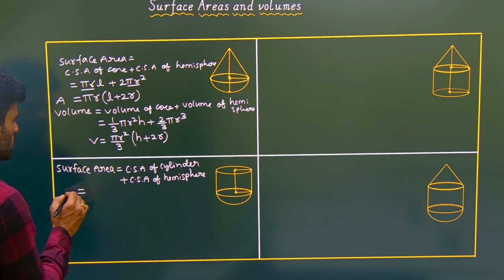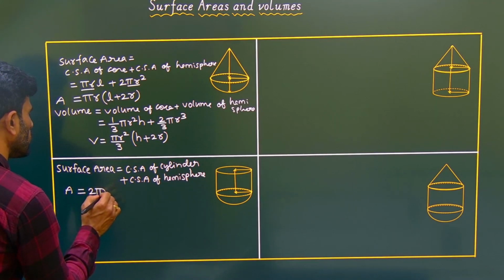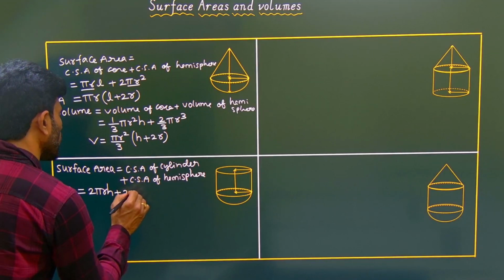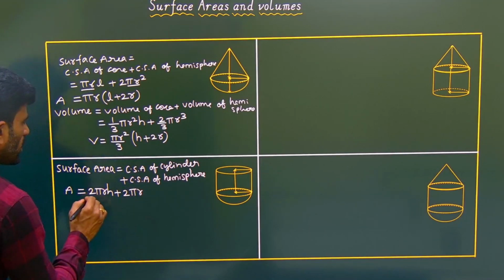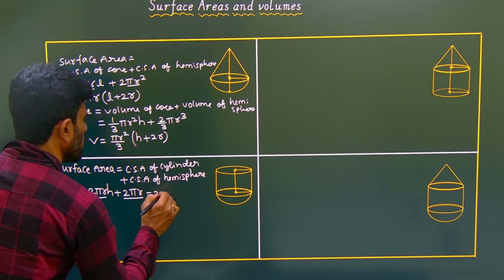In this case, what is CSA of cylinder? CSA of cylinder is 2 pi r h, you have to remember it, plus CSA of hemisphere is 2 pi r square again, like before. Now in these two, what is common? 2 pi r. In both 2 pi r is there. So 2 pi r is common.